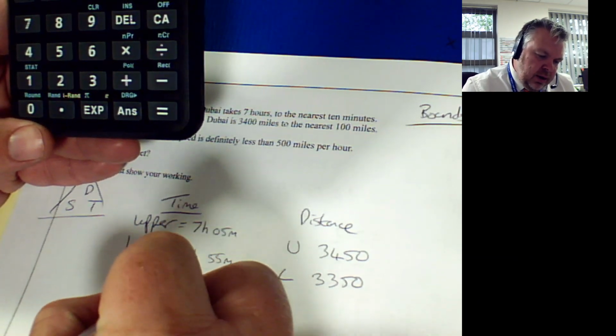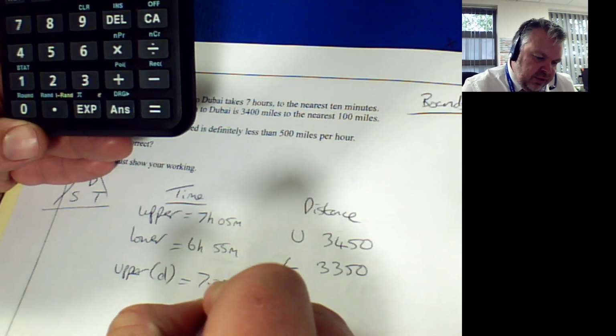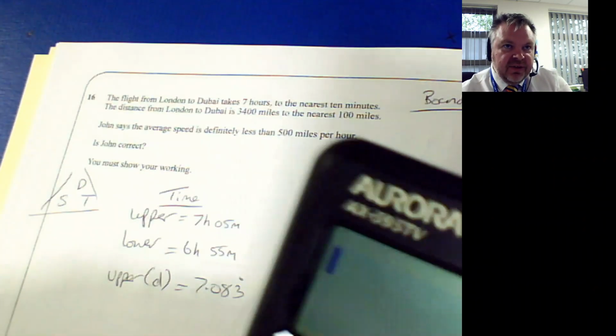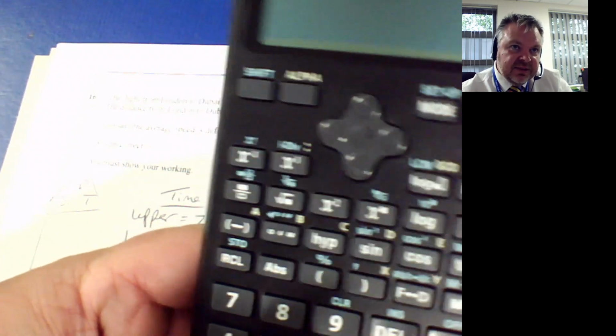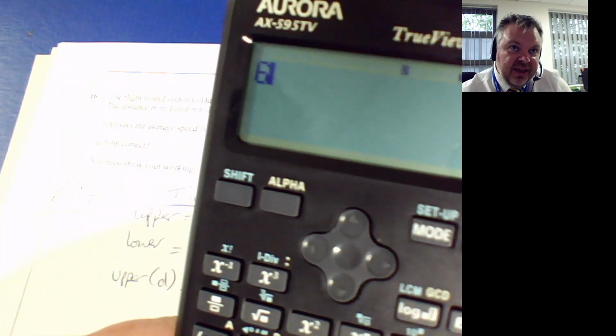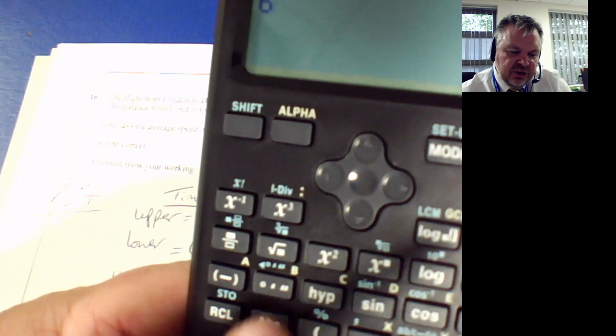Upper, I'm going to put as a decimal, just put a D next to it. 7.083 recurring. I'm going to do the same thing again, see if I can show you on the calculator. So I'm pressing 6, and then this button, it's this one with like a 0 and then a dash and then double dash.